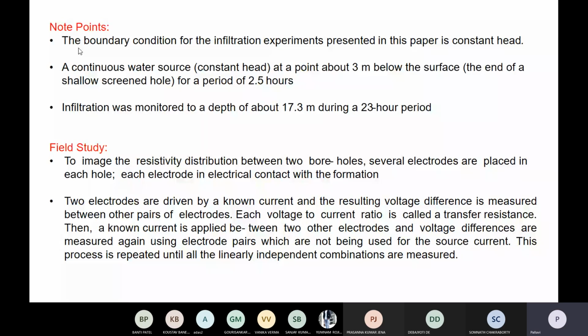So, field study: to image the resistivity distribution between two boreholes, several electrodes are placed in each hole. Approximately 42 electrodes were used to see how the water from the hole is moving, and in what direction as well.